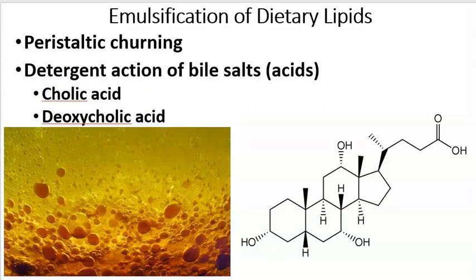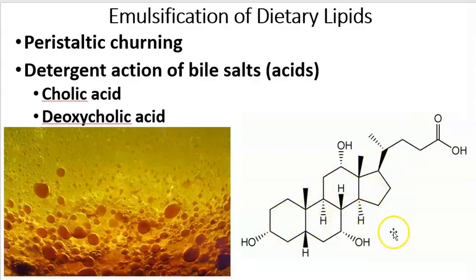And so what happens, you can see that there's actually two sides. They're amphipathic, so they have a polar side and a non-polar side. So you can see here, this is a cholesterol-like compound, and we have these hydroxyl groups that are going to be able to hydrogen bond, and this carboxylic acid end, but there's still a lot of hydrocarbon here on this backbone of the cholesterol.